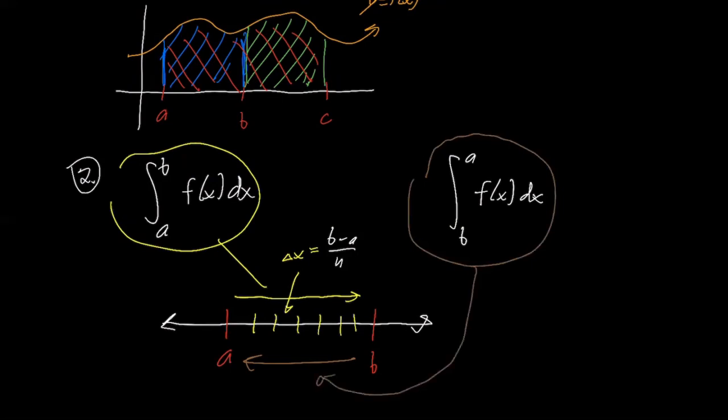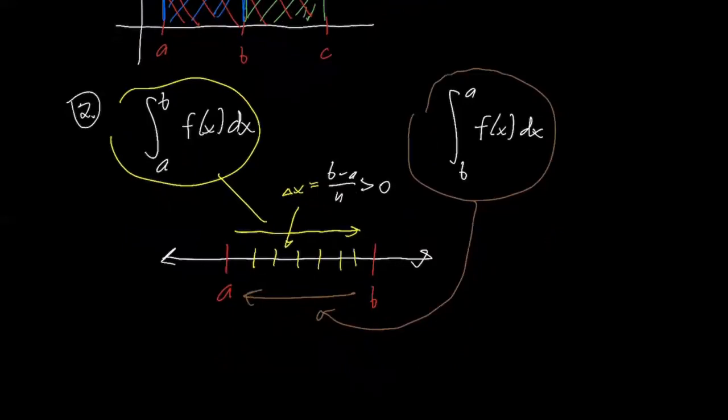But this delta x was positive, and here our delta x would be a minus b over n, which would be less than 0. So the delta x's are all negative.